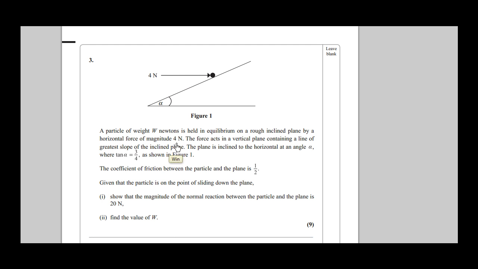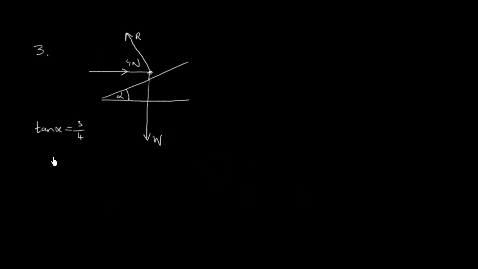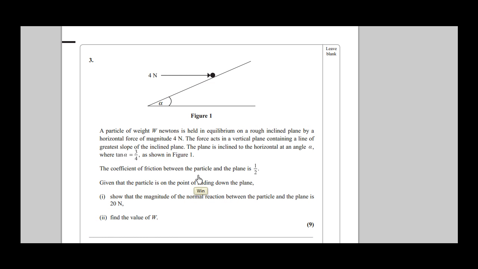The coefficient of friction between the particle and the plane is 1/2. So that's all very useful information. I put it here. It's equal to 1/2, and they then tell us the key part of the question.